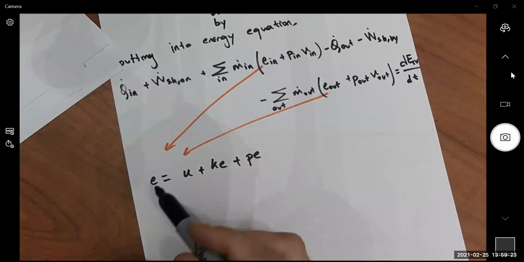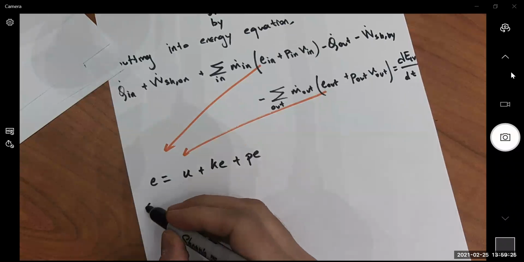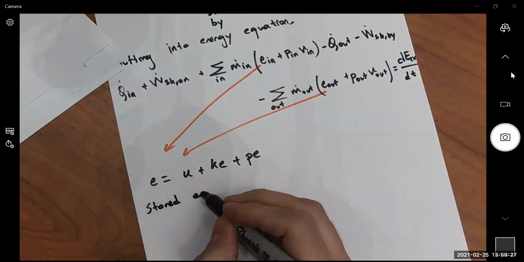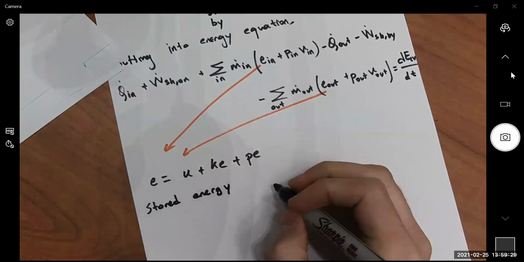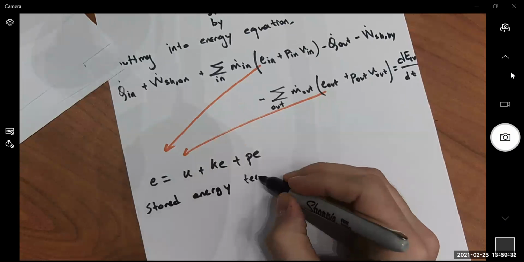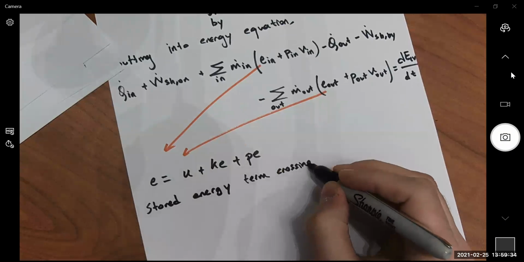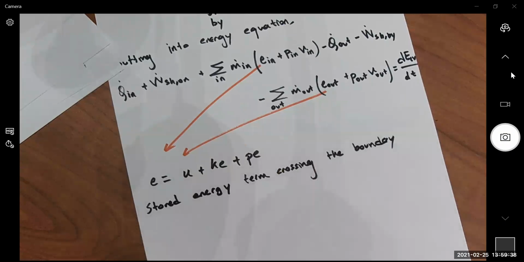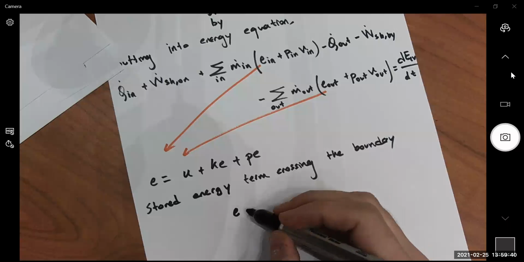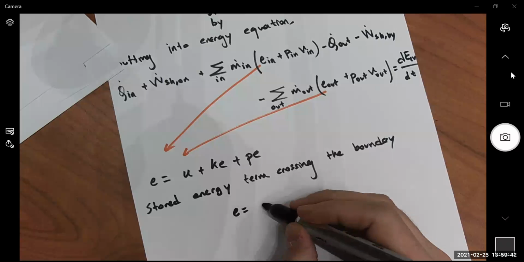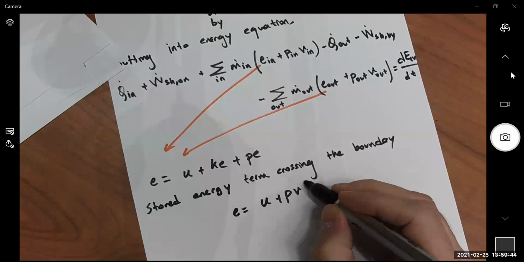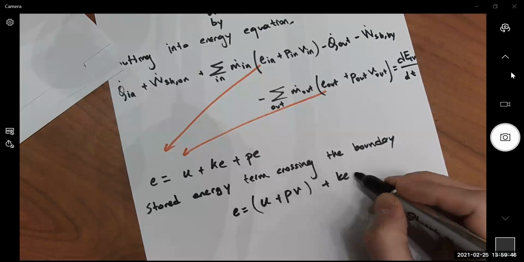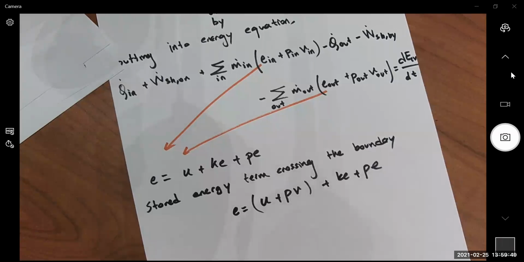So the stored energy term crossing the boundary will be U plus PV plus kinetic energy plus potential energy.